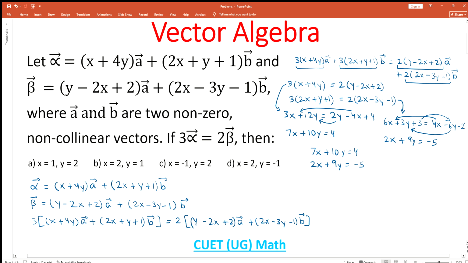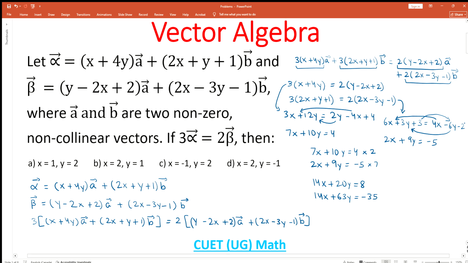We should multiply the first equation by 2 and second equation by 7 to get the same coefficient for the x terms in these two equations. I get 14x plus 20y equals 8, and then 14x plus 63y equals negative 35.